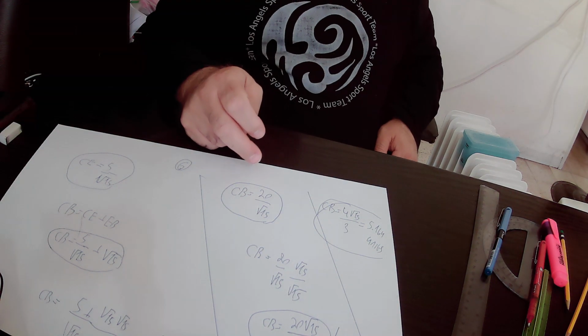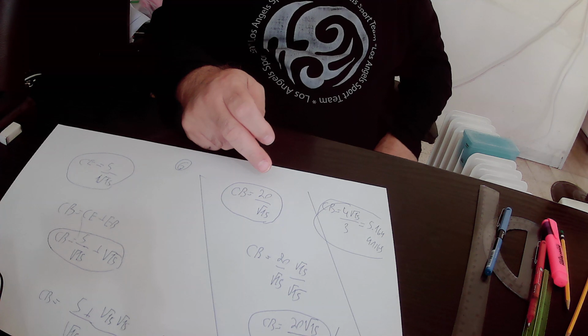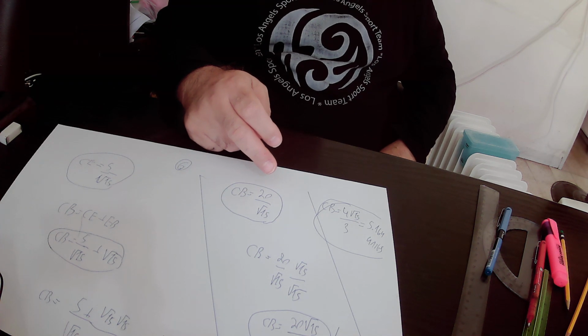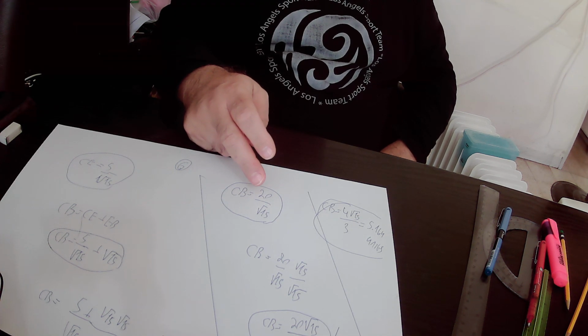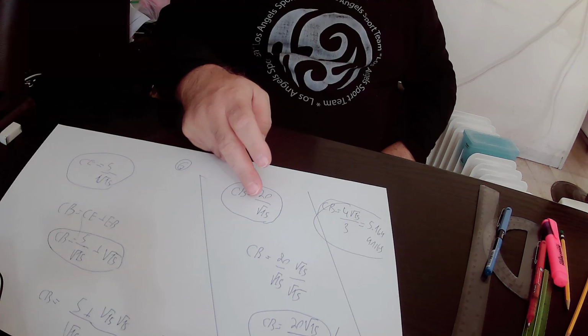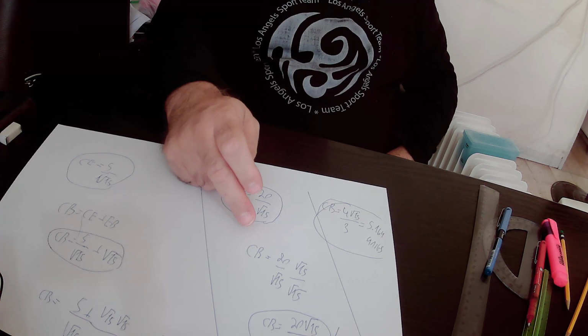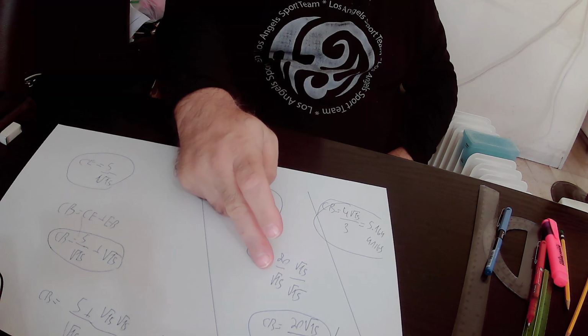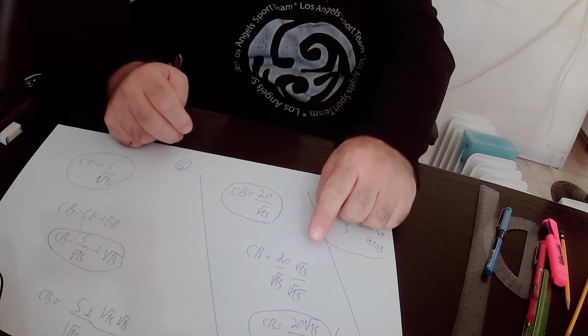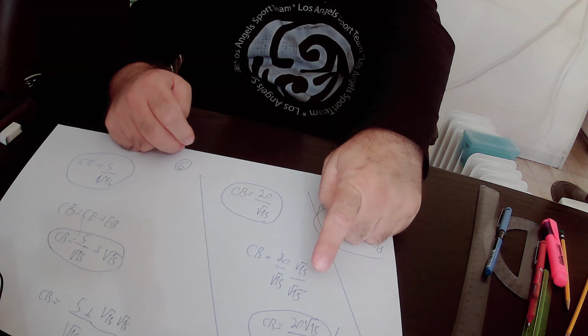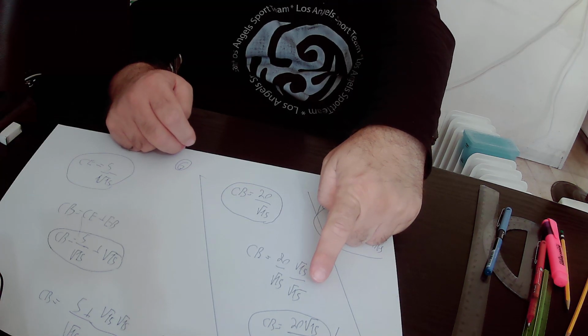Here we multiply this expression by the square root of 15 and then divide by the square root of 15 in order to eliminate the square root in the denominator. So CB equals 20 over the square root of 15, multiplied by the square root of 15 and divided by the square root of 15, so we change nothing.